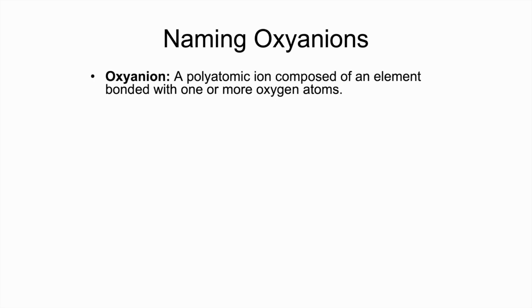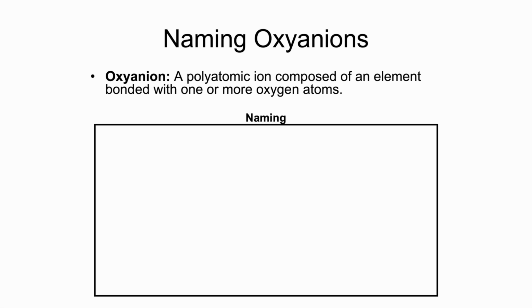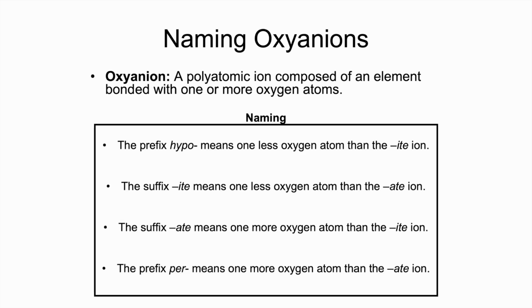So, like I mentioned before, an oxyanion is a polyatomic ion composed of an element bonded to one or more oxygen atoms. Now, for many oxyanions, there's more than just 2 in the pairing, because halogens can form 4 oxyanions. So, if you have the prefix hypo added to the name of an oxyanion, like hypochlorite, that means it has 1 less oxygen atom than the ite ion.